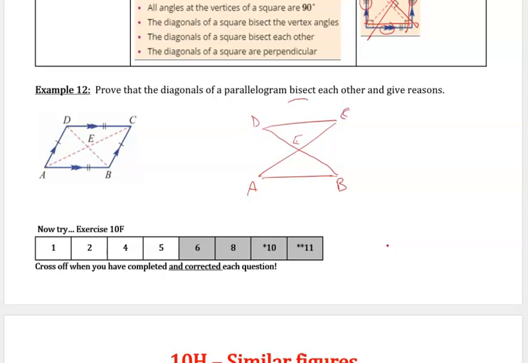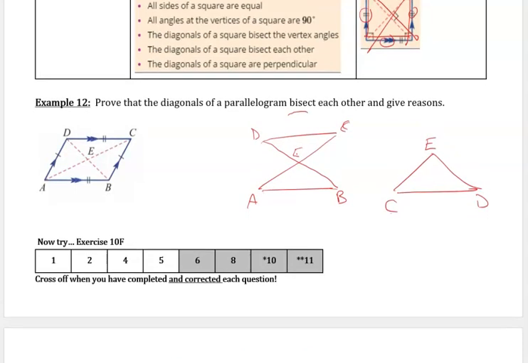So we've got triangle AEB, and I'm going to take this triangle and flip it around. So if I flipped it around, we would have D, C, E. So now we have that A corresponds to C, B corresponds to D, and E corresponds to E.